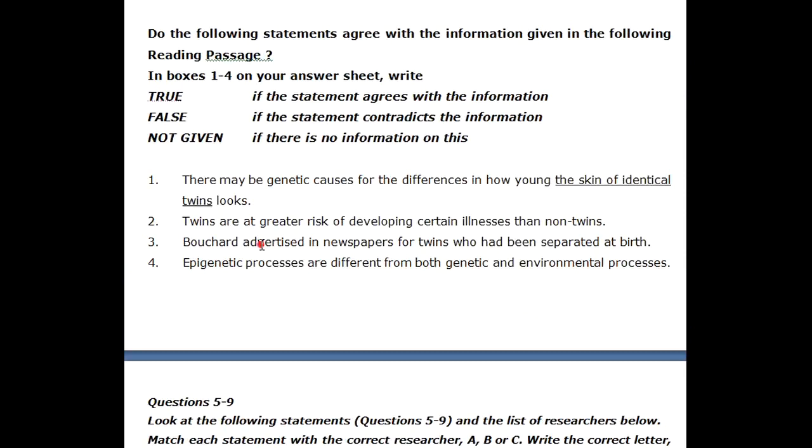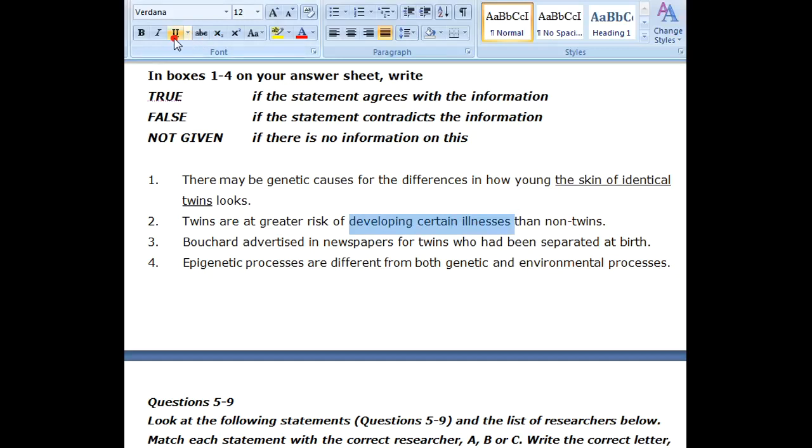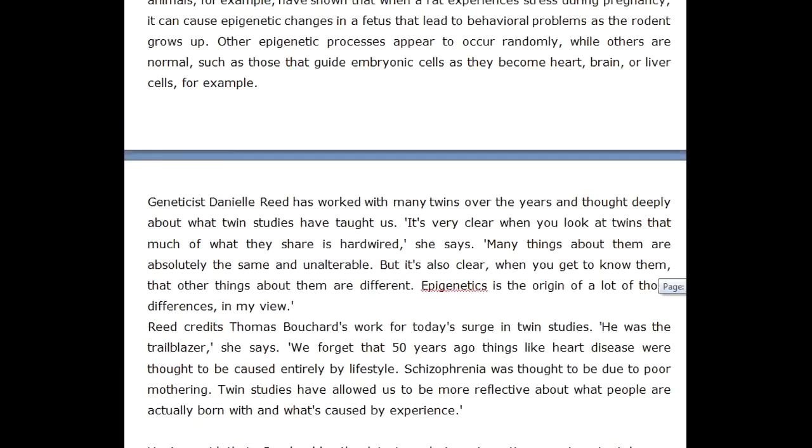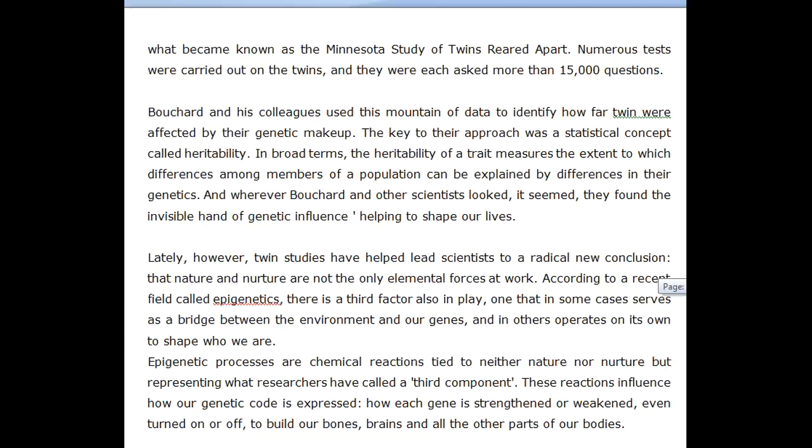Twins are at greater risk of developing certain illness than non-twins. So the keyword is developing certain illness, right? What we have to find is whether twins are at greater risk of this illness than non-twins. So at first I have to find the keyword, that is certain illness, and then if twins are at greater risk.